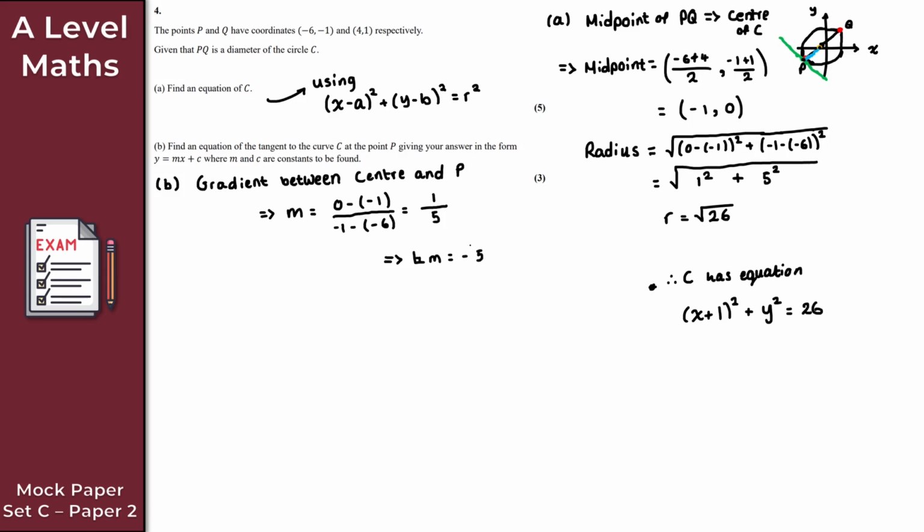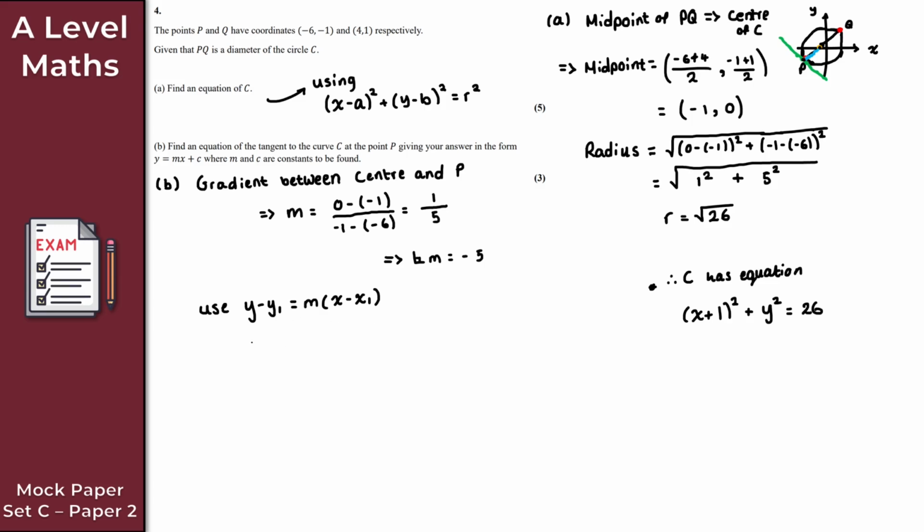Okay. And then finally to finish with here, what I need to do then is use y minus y1 is equal to m times (x minus x1). Obviously, just be careful here what you choose for x1 and y1. This must be the point P, right? So if you choose the coordinates of Q here, you're going to get this wrong. Okay, so just be very, very careful for that.